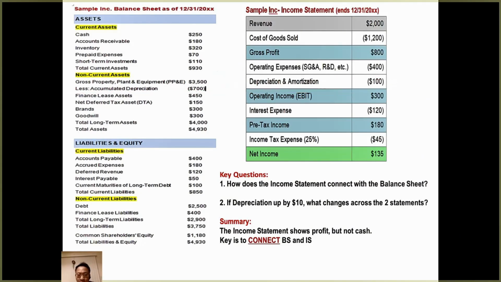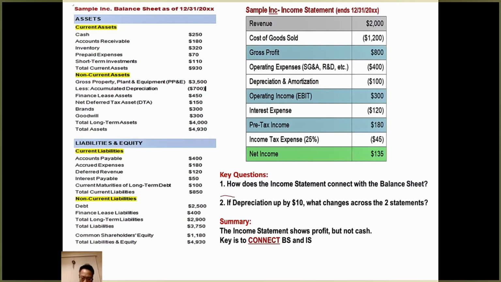This is another useful connection. So now you know, one connection is your income. It can flow back to equity, and another thing is that depreciation can flow to or connect to the accumulated depreciation. These are the two paths. Of course, there's also the third statement, which we can talk about later.